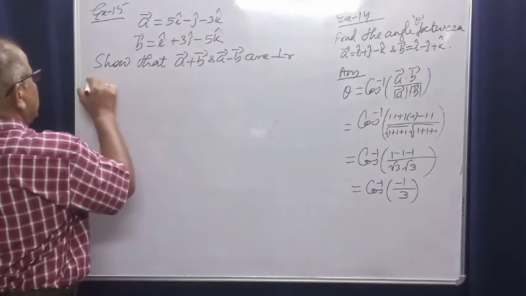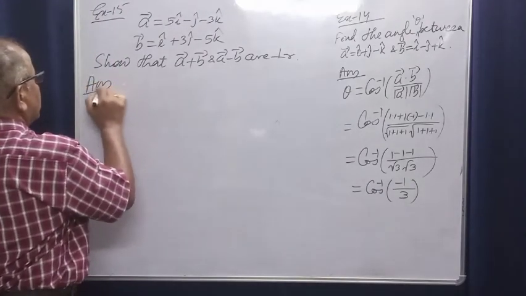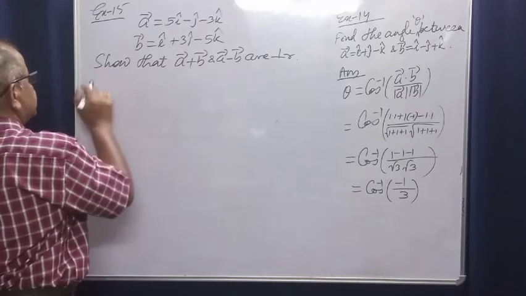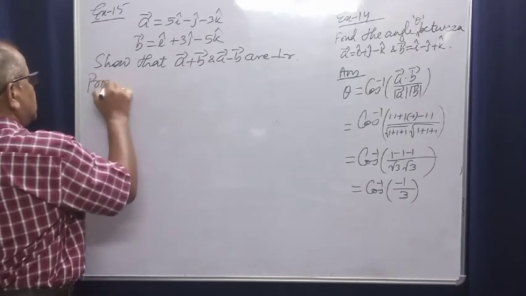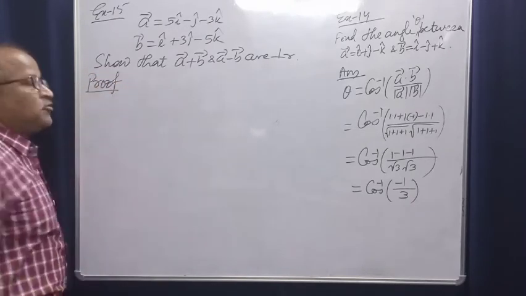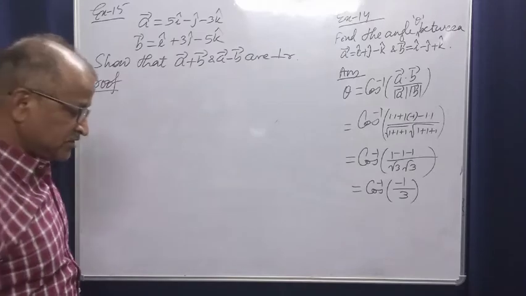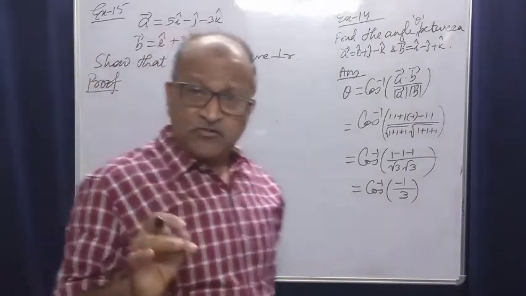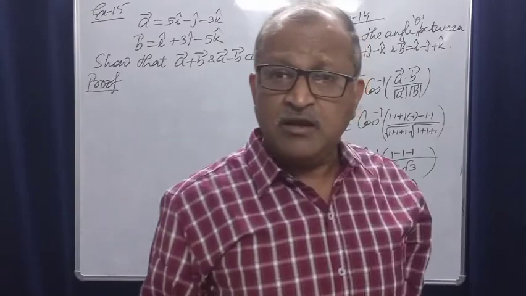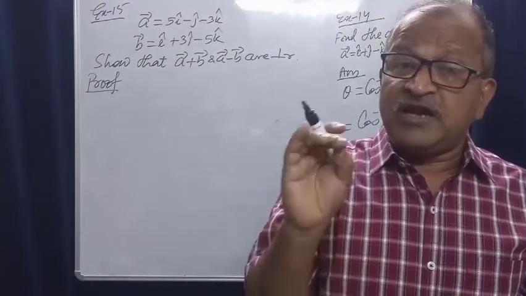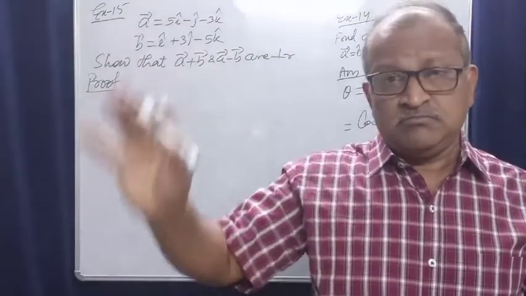Right? How will you prove? Because we have to show it. It is proof. We know that two vectors are perpendicular if their dot product is 0.